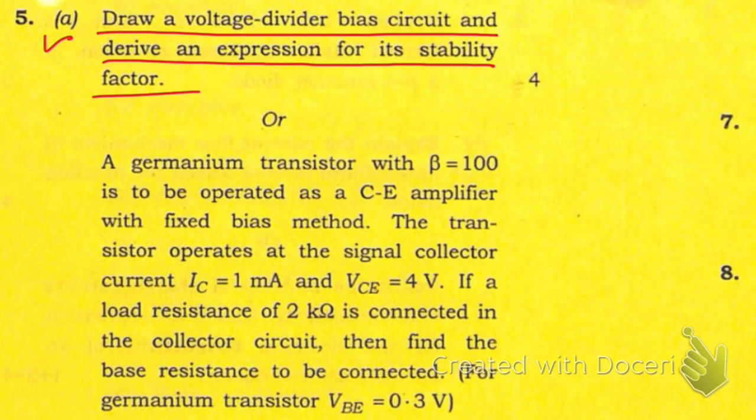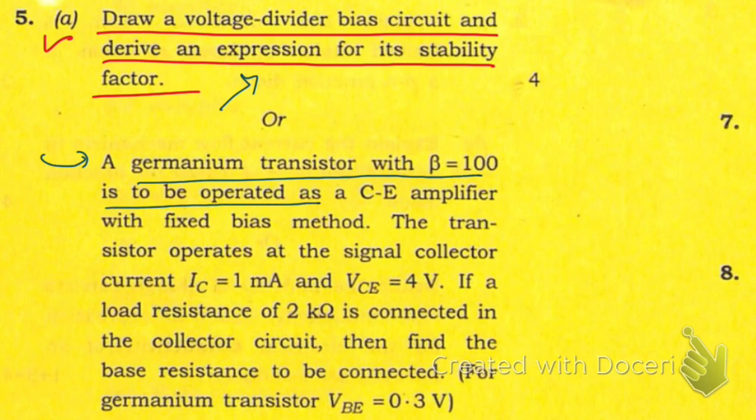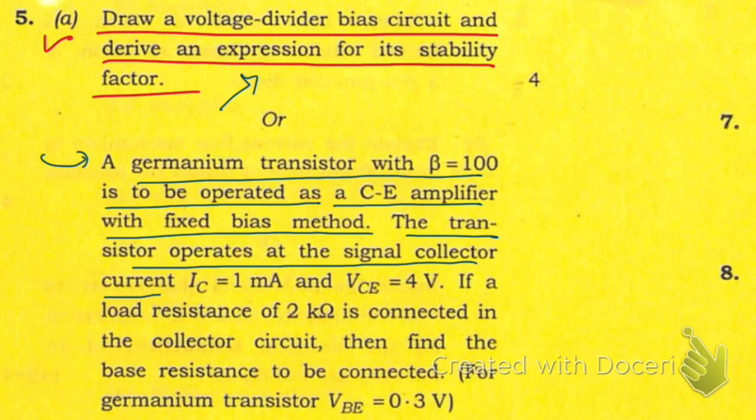So here is another question. Either you have to answer this question or you have to solve this problem. A germanium transistor with beta equal to 100 is to be operated as a CE amplifier with fixed bias method. The transistor operates at a collector current of 1 milliampere, VCE is 4 volt.